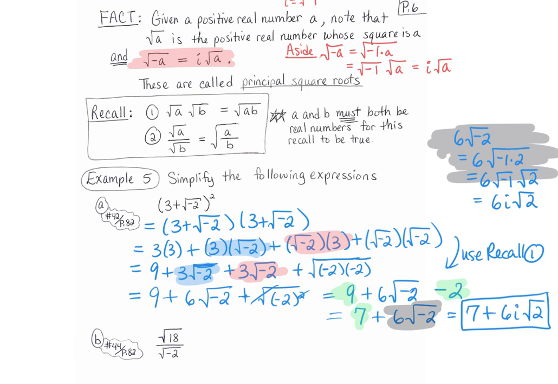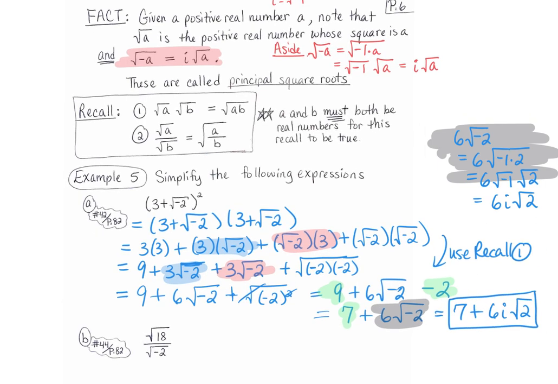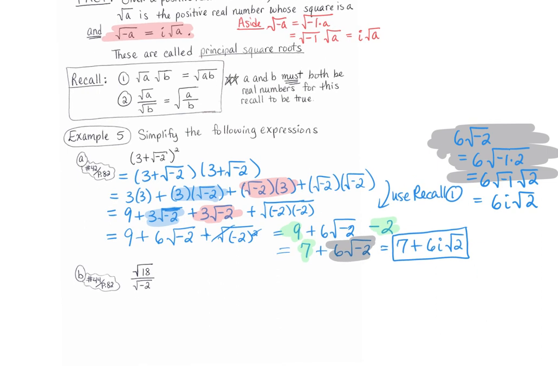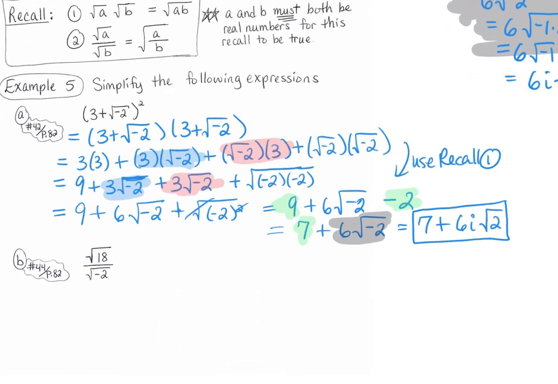Okay, so let's look at another example. We have the square root of 18 over the square root of -2. The square root of 18 over the square root of -2.